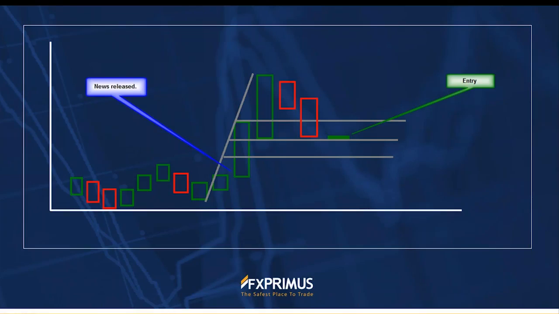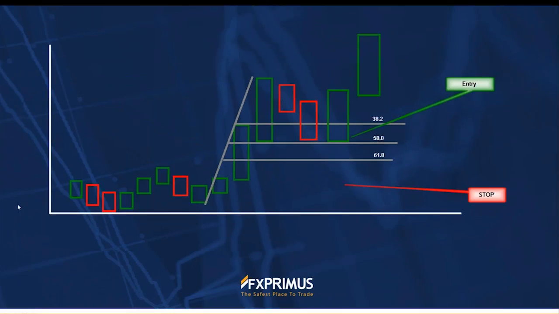Where I've put entry there, I'm showing there's just a little bit of green, and that's all you need. Don't wait around. It's just a news trade, guys. It's a fast trade. You've only got maybe a 30-second window, if that, to get into this. So you see green, you enter. Stop below the 786 and you're done.